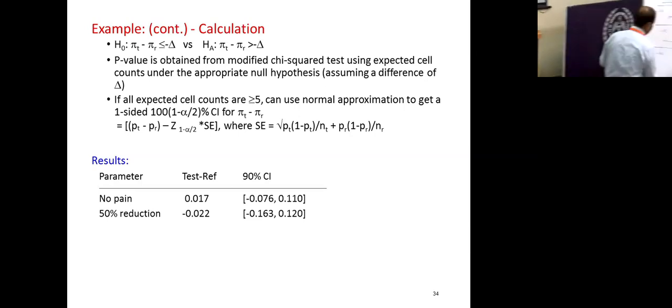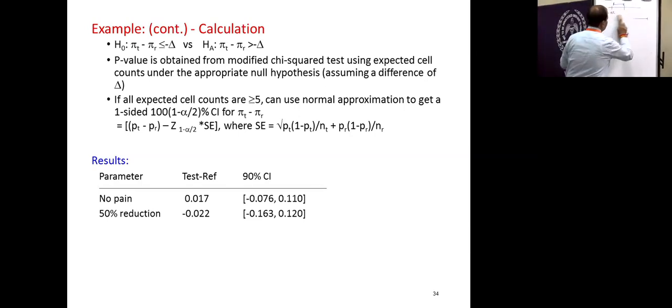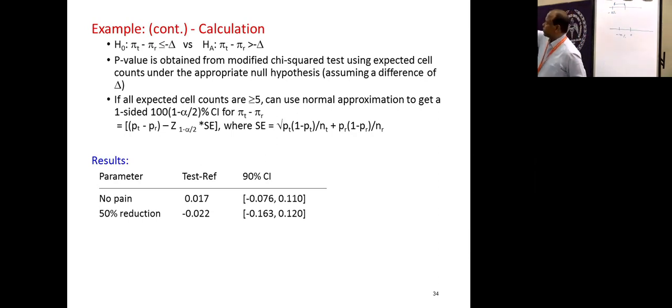Let us get confused and then we'll come back. So this is, say, for an example, 0 minus 10%. That is minus 7.6%, let's say 8% or 7.6%, and goes up to 11%. Okay.